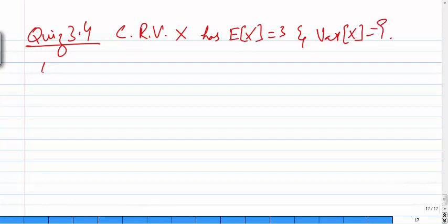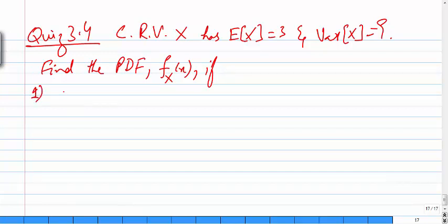Find the PDF, that is f_X(x), if number 1, X has an exponential PDF.